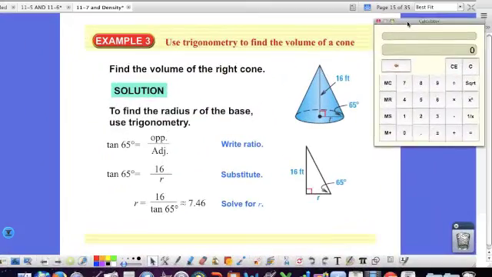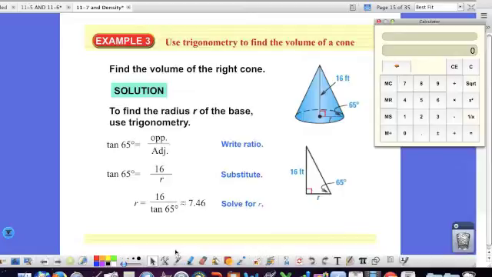Now comes the point of the lesson where Mrs. Falk's evil laugh. Ha ha ha ha ha. Because we are going to use trigonometry to help us find the volume of the cone. So, in this problem, we have a height, and they've told us that this angle here in this triangle is 65 degrees.